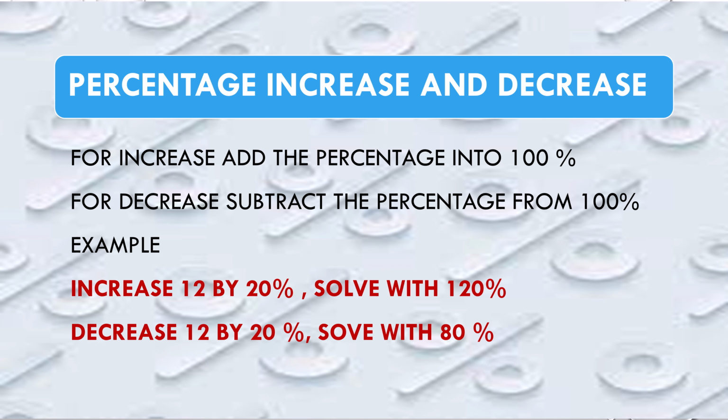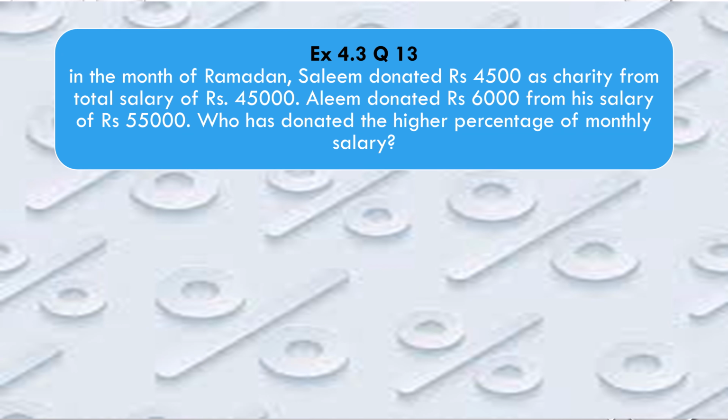And if we have to decrease any value by 7%, we will subtract 7 from 100 and take 93%. For example, to increase 12 by 20%, instead of taking 20%, we will use 120% and solve this question. And to decrease 12 by 20%, instead of taking 20%, we will use 100 minus 20, that's 80%, and solve this question.